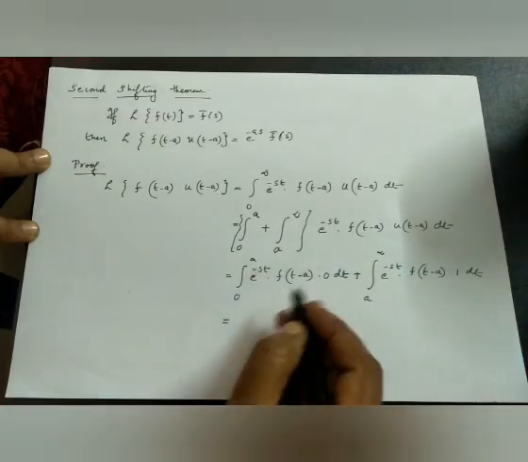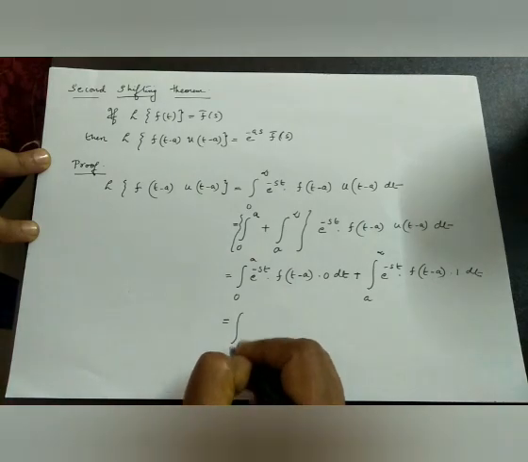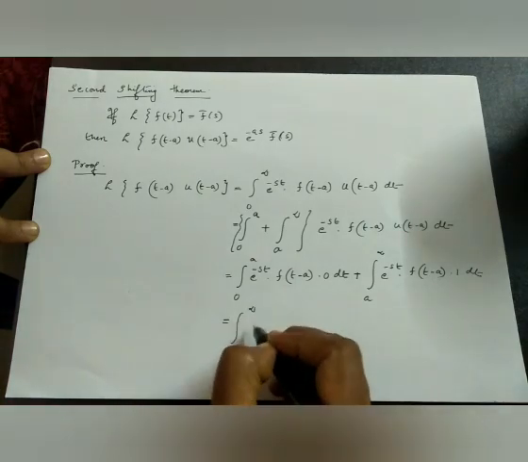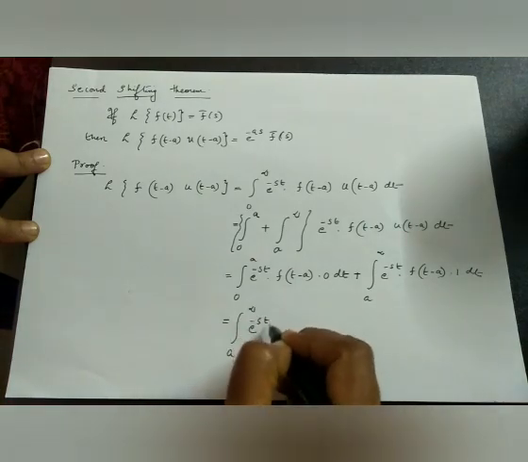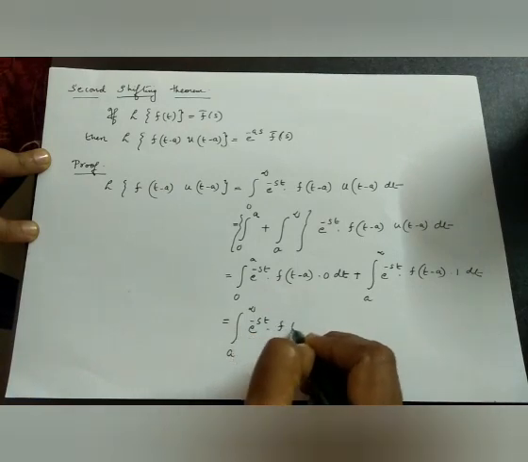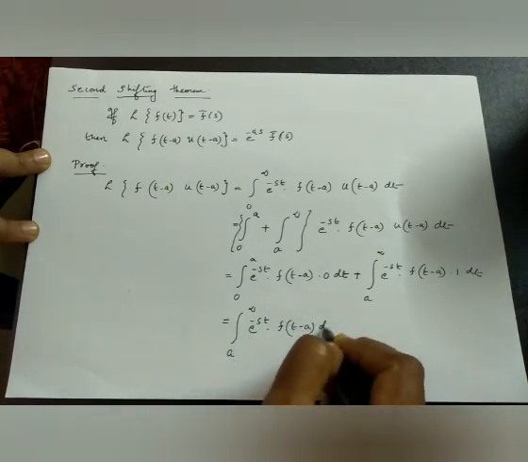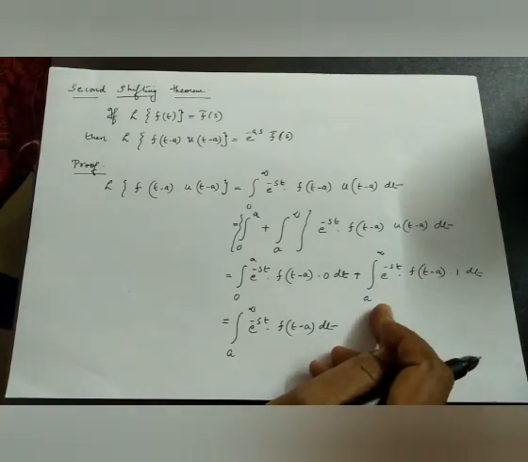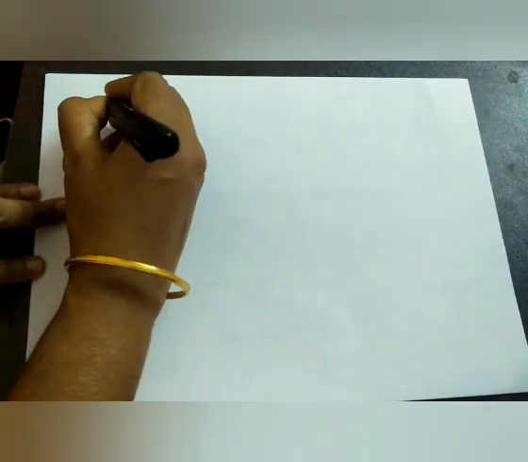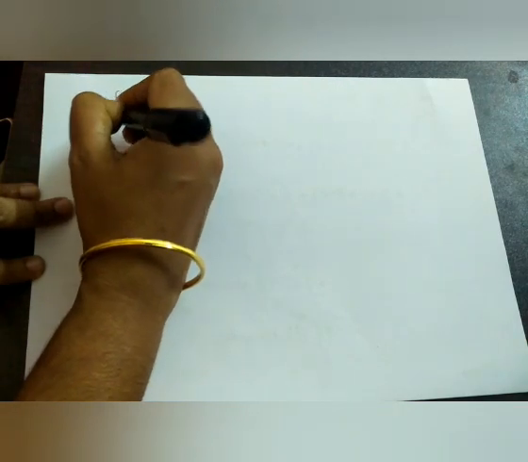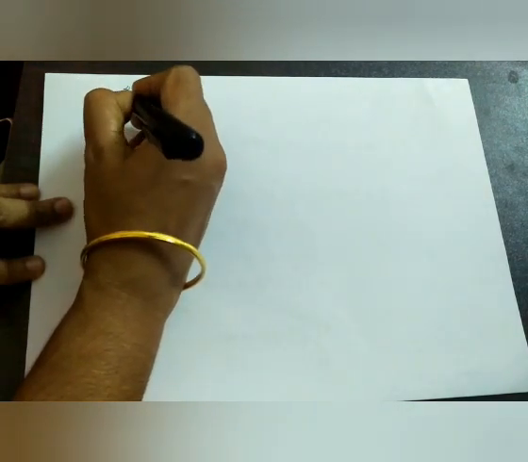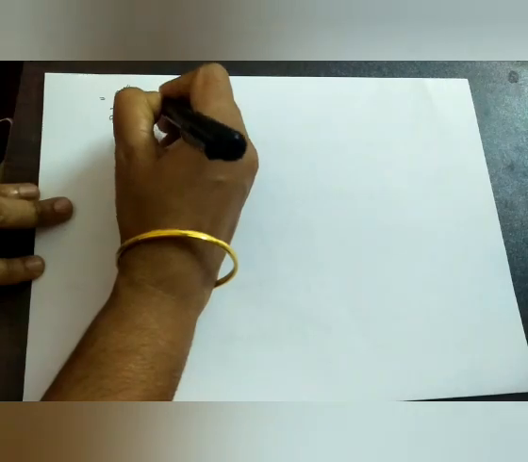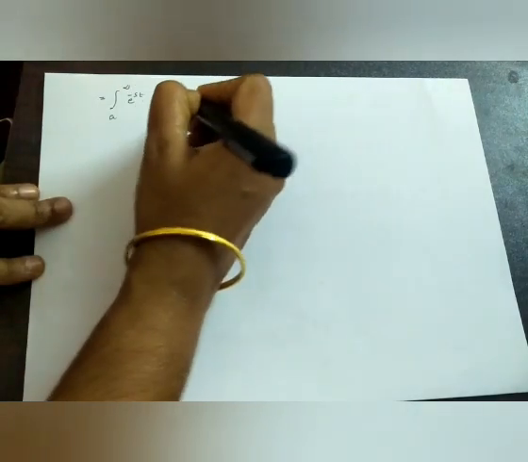Therefore, the first term becomes equal to 0, the other term is integral from a to infinity e raised to minus st f of t minus a dt.